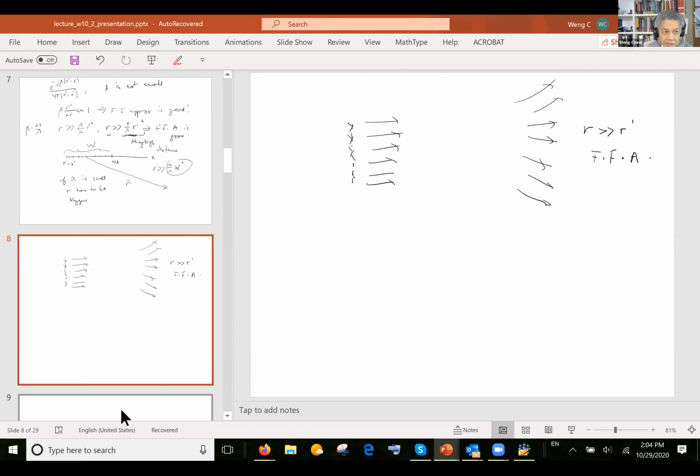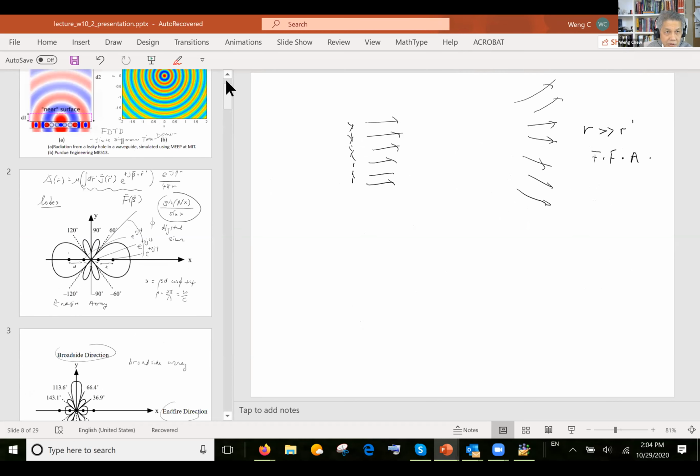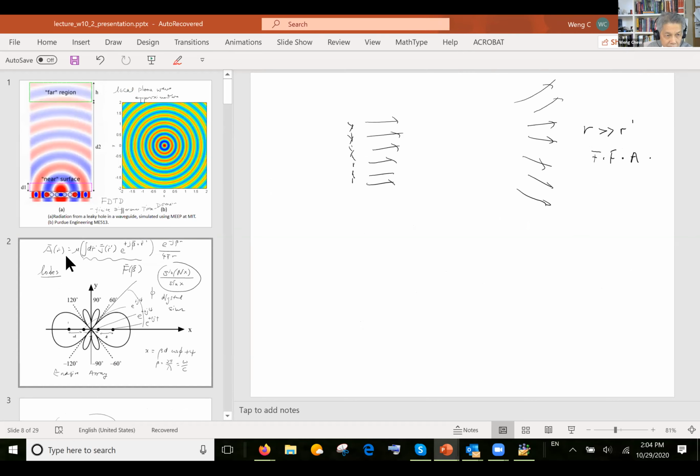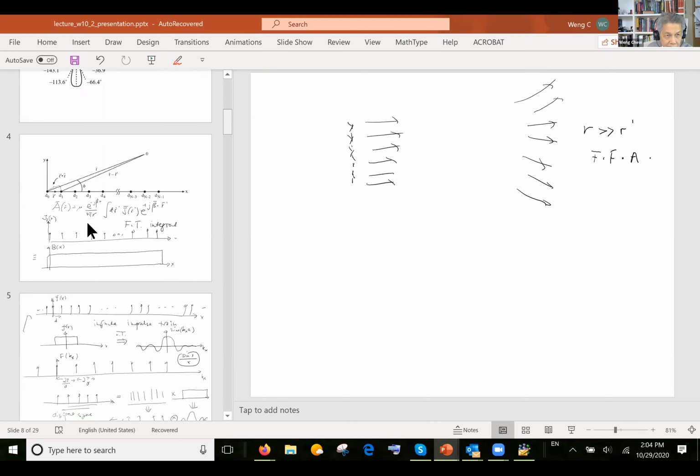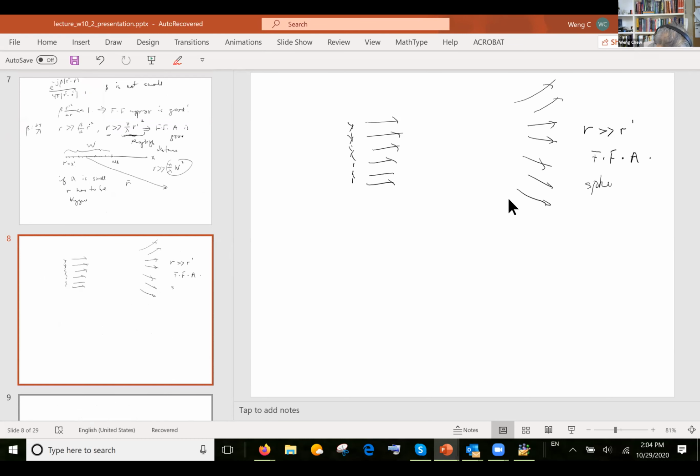And whenever we have the far field approximation, the wave becomes a spherical wave, as we showed in the beginning, and we also showed later on. Which means that if you have an array antenna, eventually the wave that leaves the antenna has to look like a spherical wave. So you have a spherical wave here, and that distance is called the Rayleigh distance.